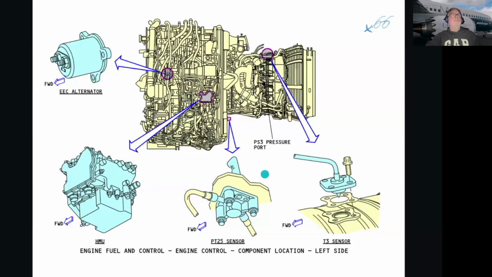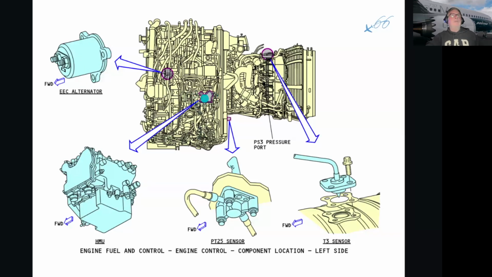So for engine control, I have an EEC alternator. This is again bolted to the accessory gearbox on the front face of the gearbox, and as long as the engine turns, the EEC has power. The EEC channel A and channel B have electrical power for as long as the engine is running.